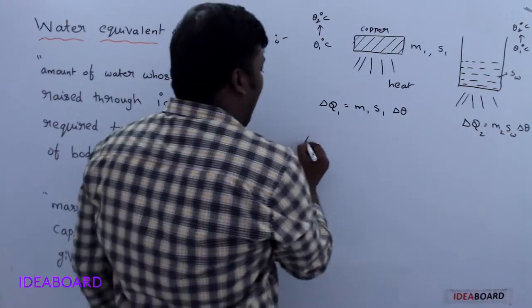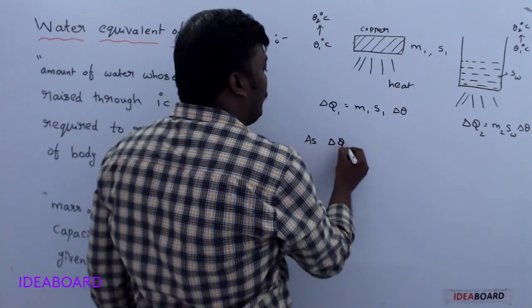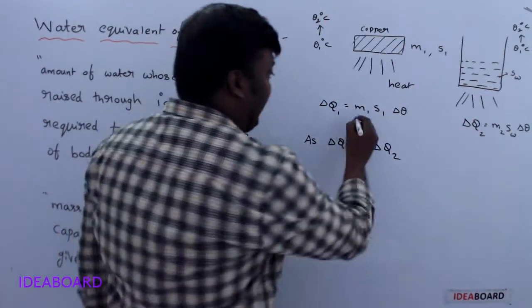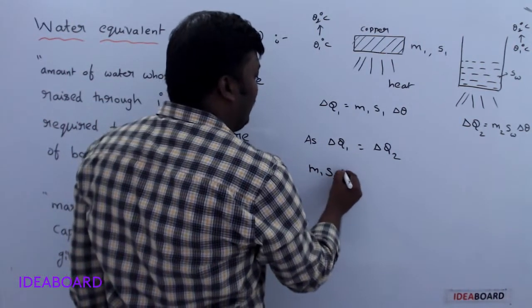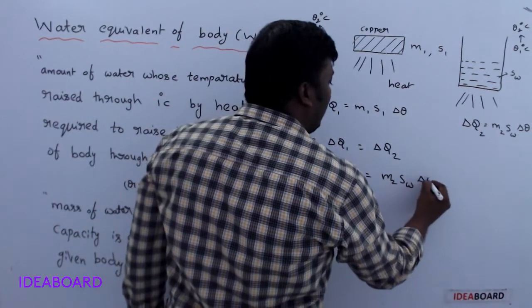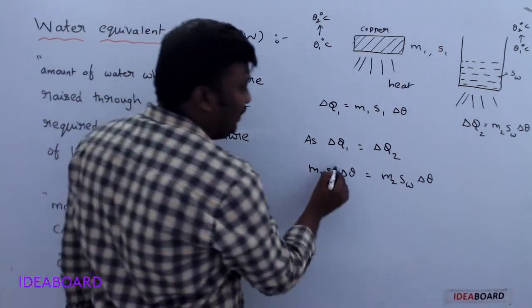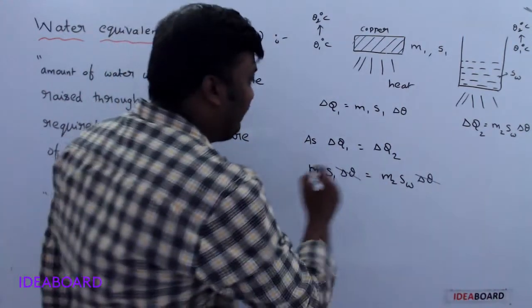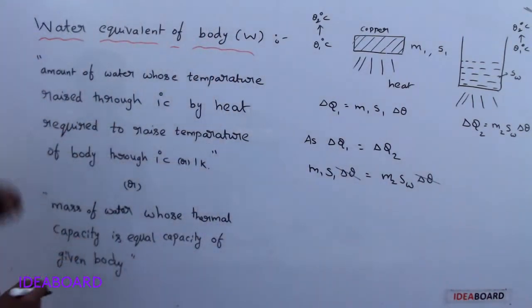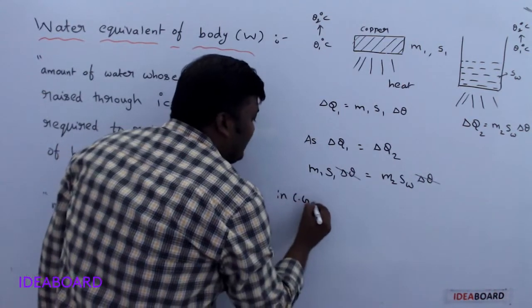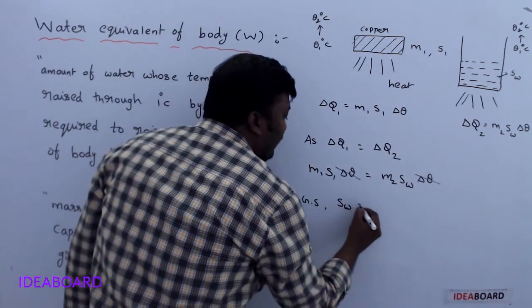Understand? So as delta Q1 is equal to delta Q2, then m1 S1 delta theta is equal to m2 S water delta theta. Delta theta cancels or not? Okay, then what is water equivalent? Mass of water. We know in CGS the specific heat of water is 1.